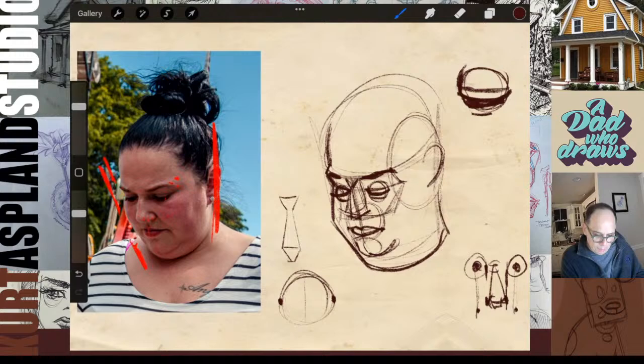And now I've realized, look at this mistake I made, which is fine because I make mistakes all the time. The bottom of my ear straight across is lining up with the middle of her eyeball, where over here, it's actually lining up with her nose. So that's fine. I can make that quick adjustment right now.